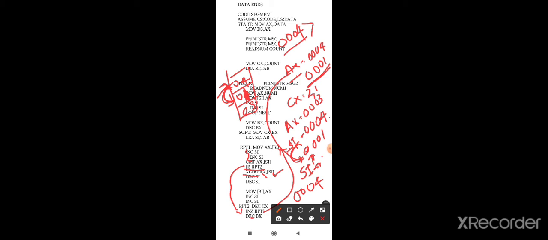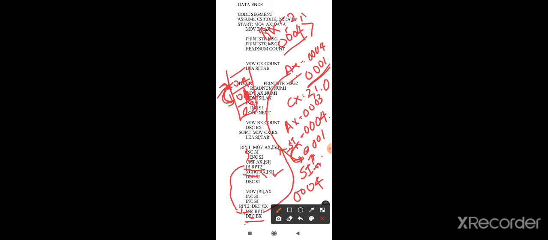Then decrement CX. CX value will be decremented by 1, that is 0. So again we are going to decrement BX. BX is already set there. BX value is 2. Then it is decremented by 1.